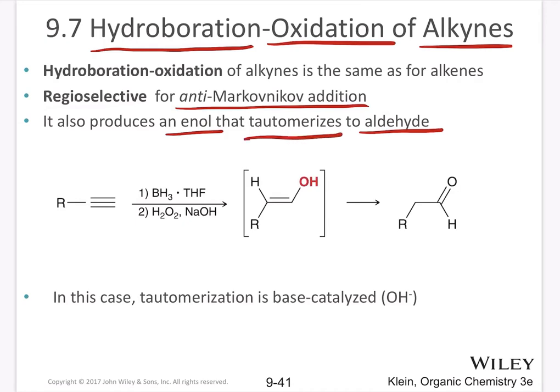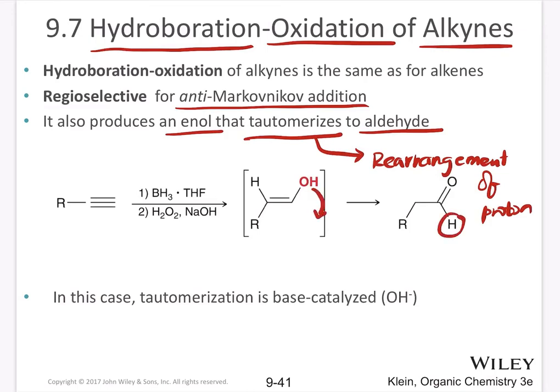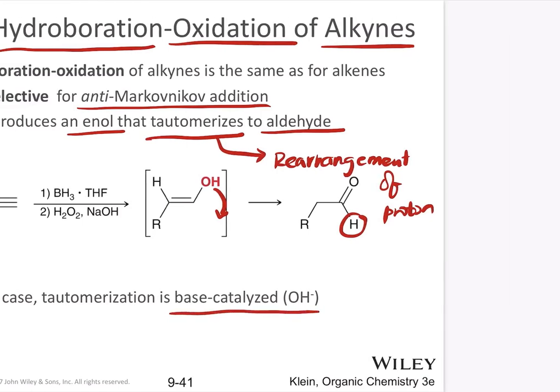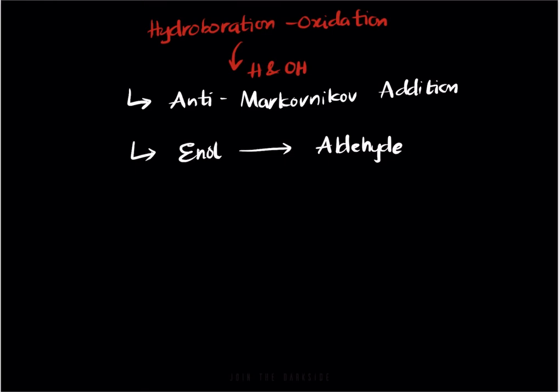The process of tautomerization is the rearrangement of protons. The proton that was originally here will go down there and become hydrogen. This tautomerization is base catalyzed, it's not acid catalyzed. So in this reaction, let's take a general alkyne.